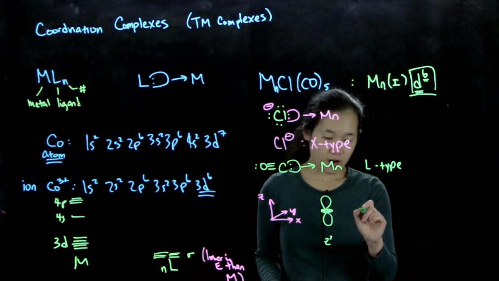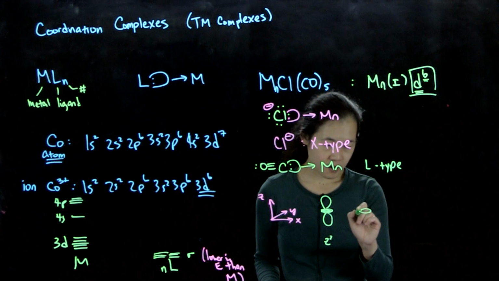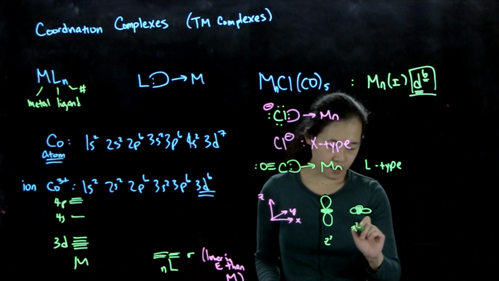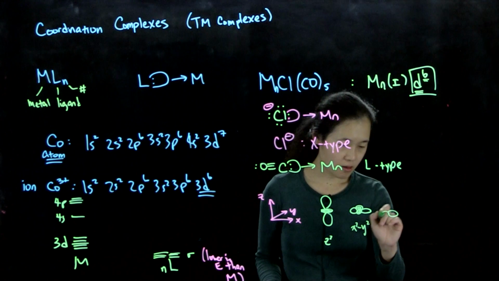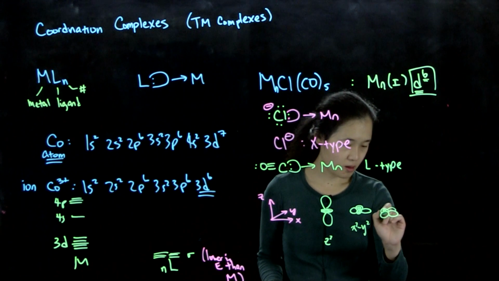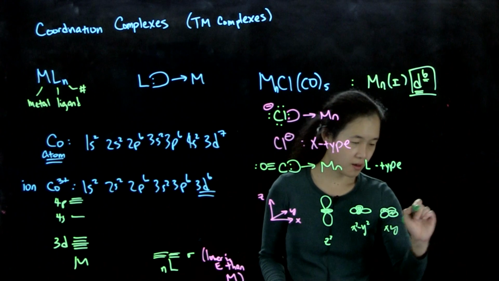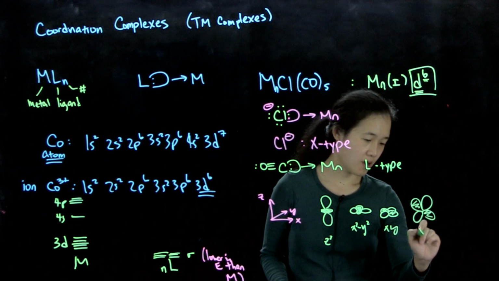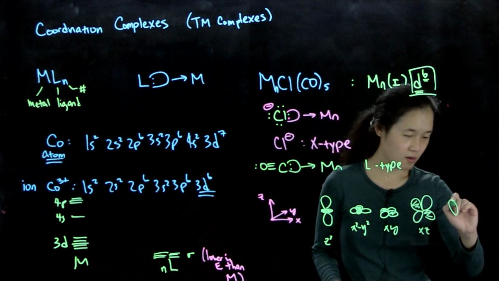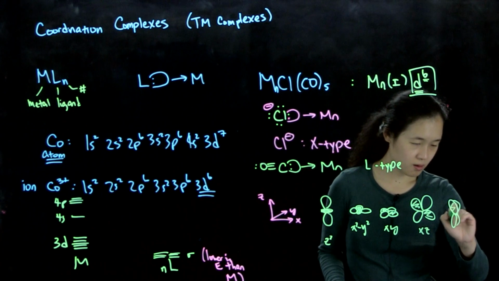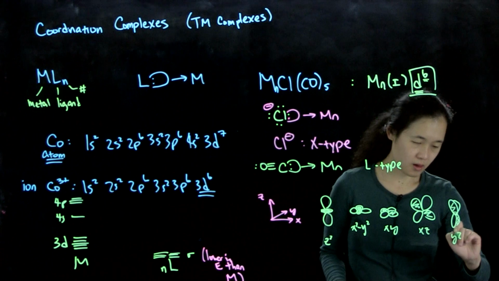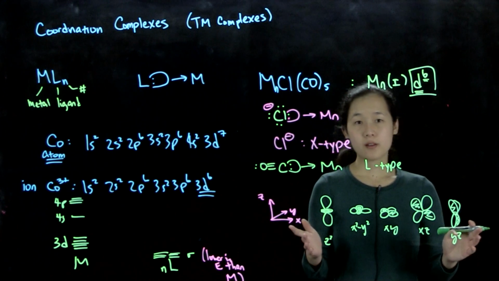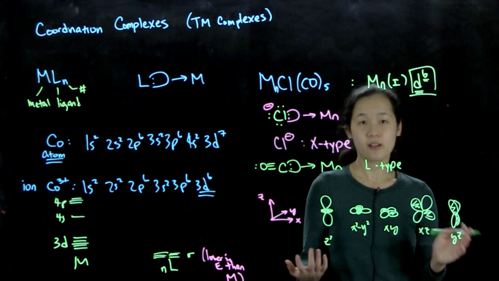And then we have x squared minus y squared, xy, xz, and of course remember these phases. These are the important d orbitals that we'll be using for the next several classes.